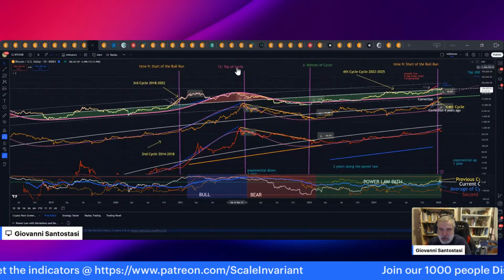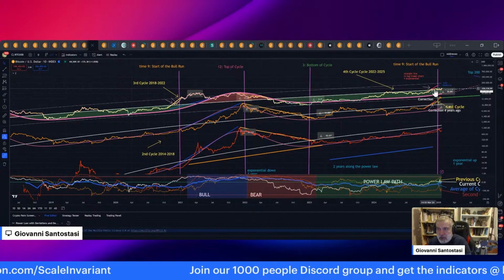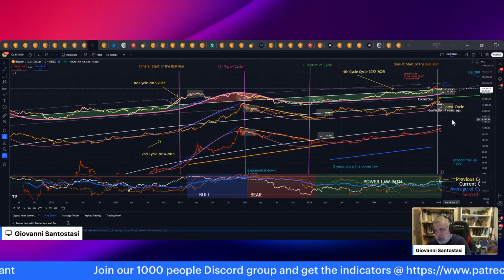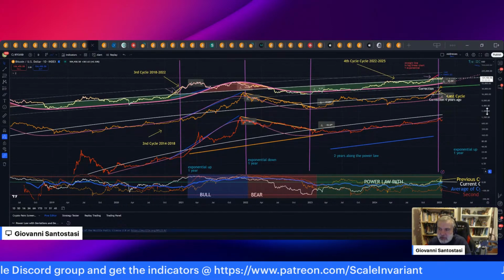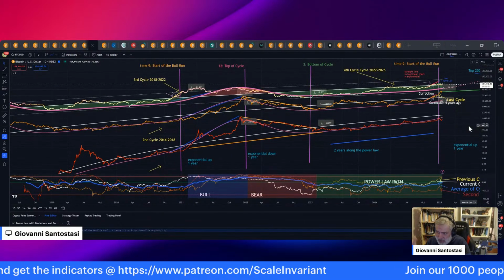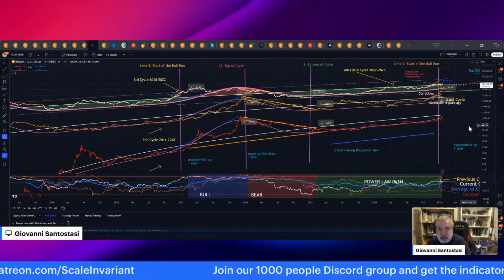And here you see we use this terminology of the hours: 12, 3 for the bottom, 9 when the bull run starts. It's a beautiful thing, because if the cycle continues to happen, it is going to be a very strong confirmation.